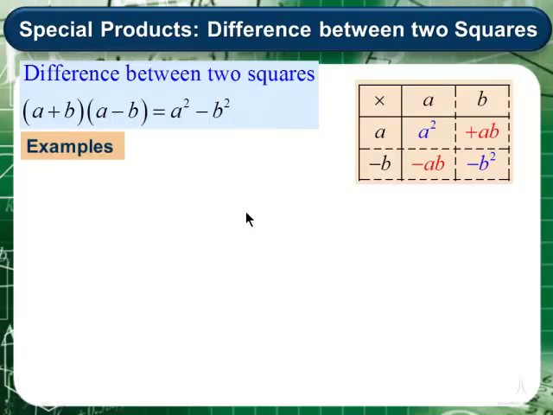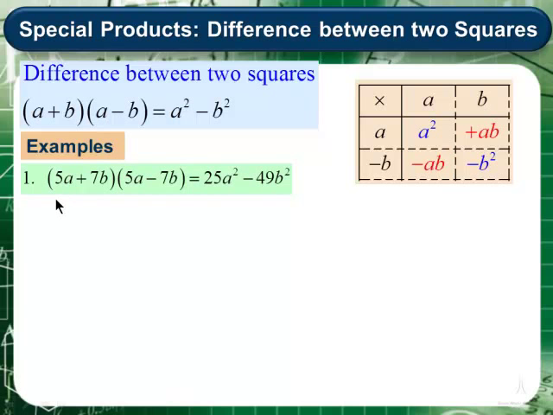Let's have a look at a number of examples where we apply the difference between two squares as an expansion of a product of this type. In the first case, we have to multiply 5a plus 7b with the second binomial 5a minus 7b. Only the signs differ in this case.